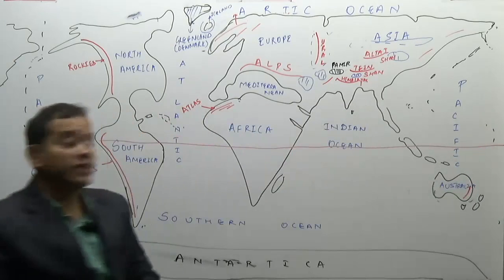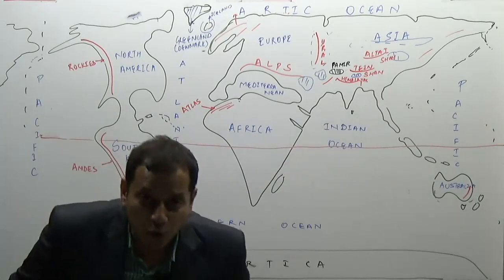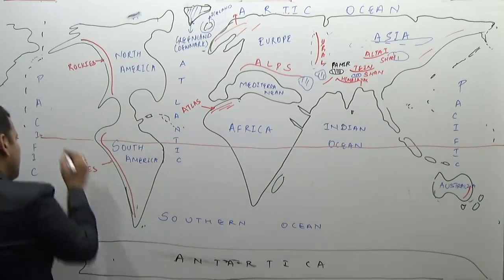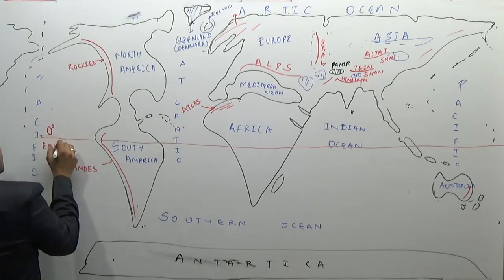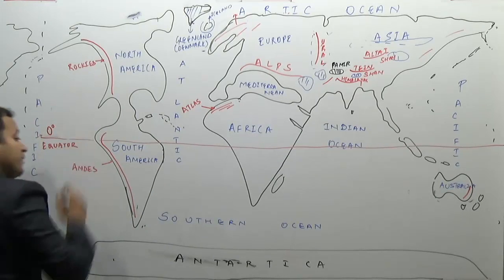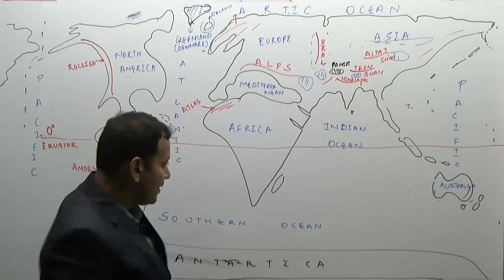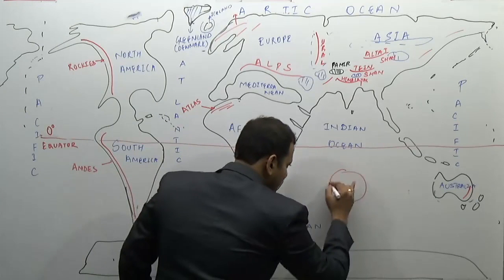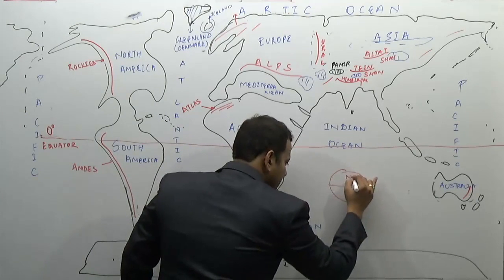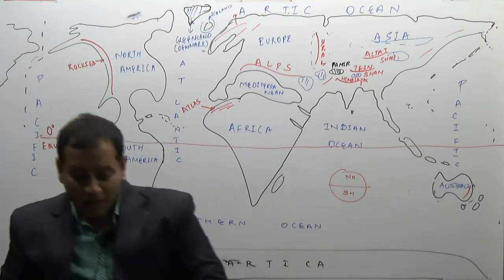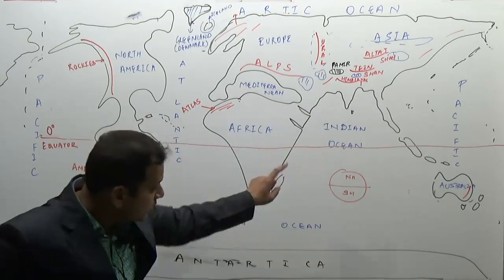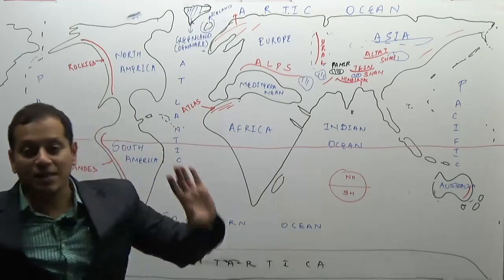This line which divides the earth into two parts is known as the equator or 0 degrees. So the equator divides the globe into two parts, that is the northern hemisphere and the southern hemisphere.